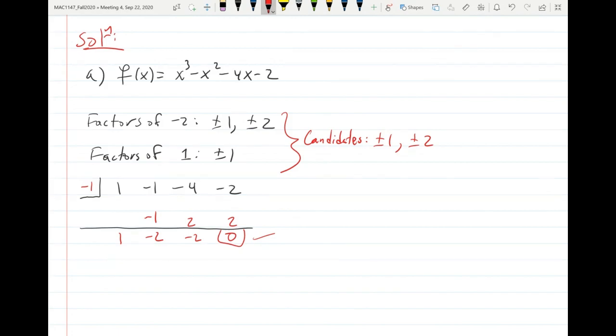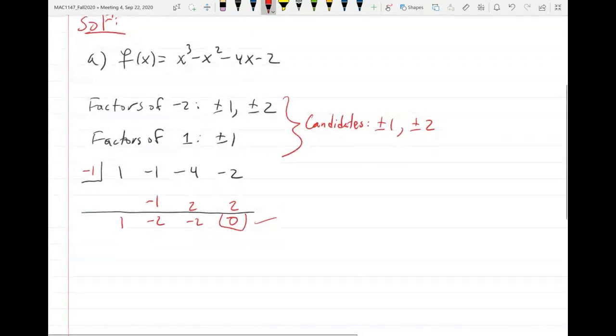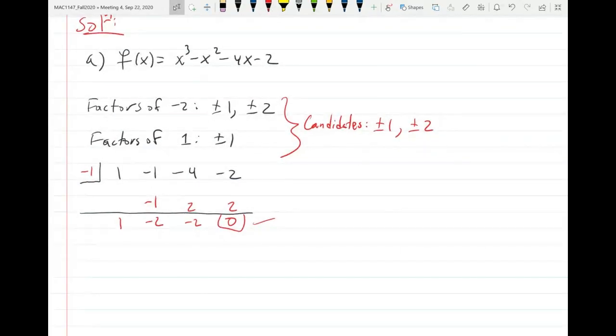Do you guys understand this? All right. Anyways, we're lucky enough that -1 did the job. So what does that mean? We found that -1 is a 0. So how do we use this to our advantage? It means that x plus 1 is a factor, right?